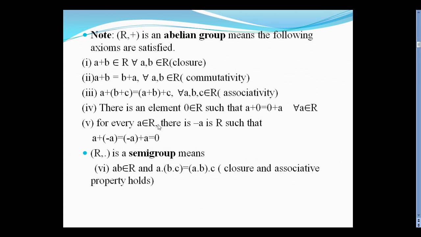And for every A belonging to R, there is minus A in R. Since it is addition, the inverse of A is minus A, such that A plus minus A is equal to minus A plus A, which must be equivalent to 0. 0 is the identity element. Now R under product is a semigroup. That means it has to satisfy closure and associative. So these two properties must hold.